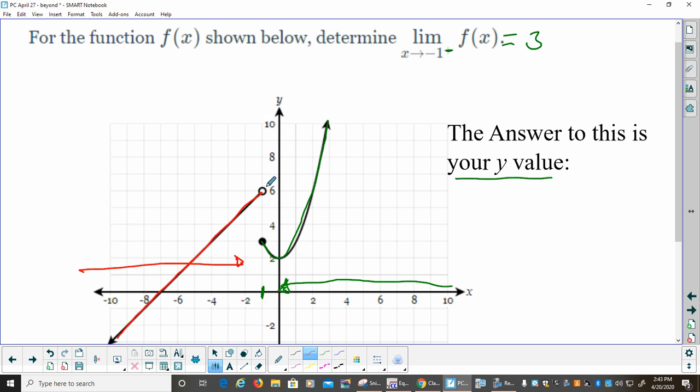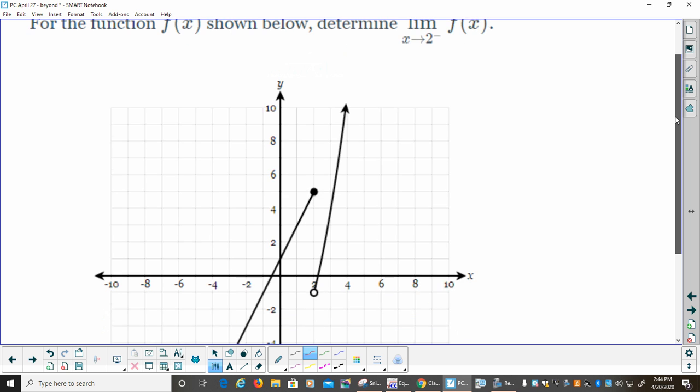It doesn't matter that at that point it doesn't exist because it's an open circle. What is your y value as you get super close to -1? 6. Okay? It doesn't matter that there's a hole, that it's closed here and open there. It's as you get closer and closer to the x value of -1, what do your y values get closer and closer to? Okay?